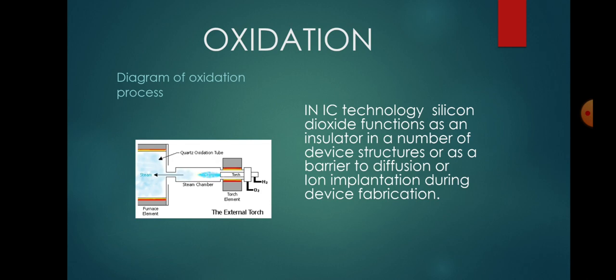So this is a furnace. We place the wafer in the chamber and then we can use it for different processes. This type of device is used for oxidation, diffusion, implantation, and a number of processes which will follow.